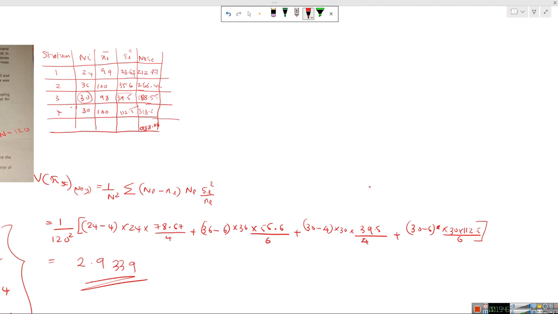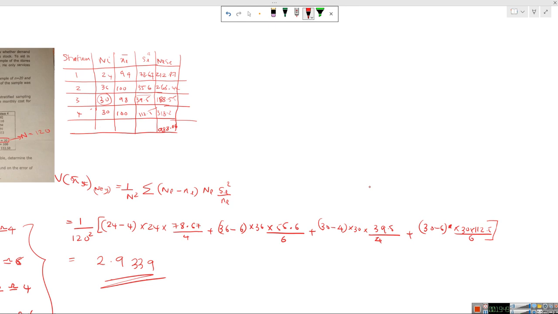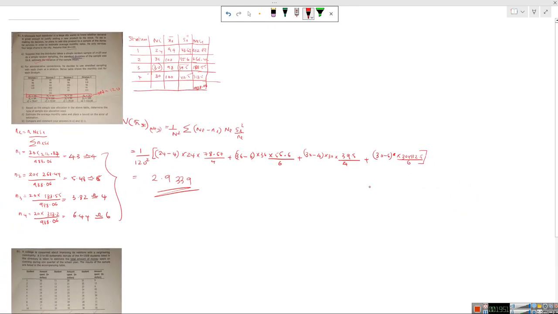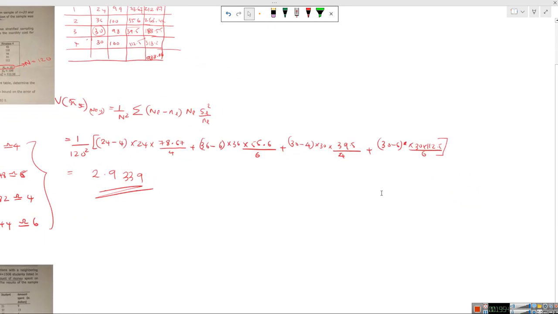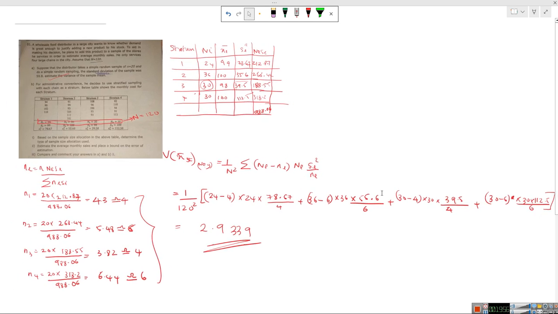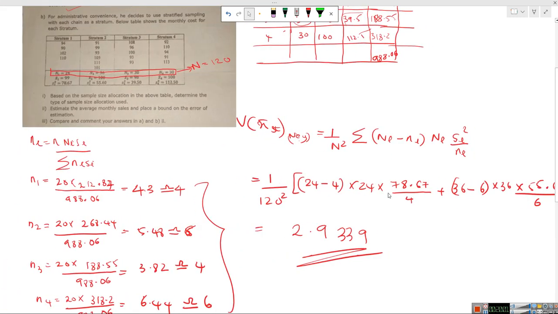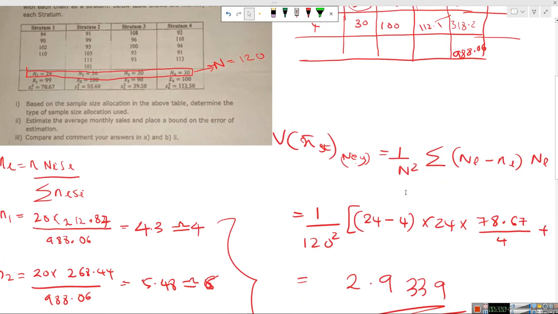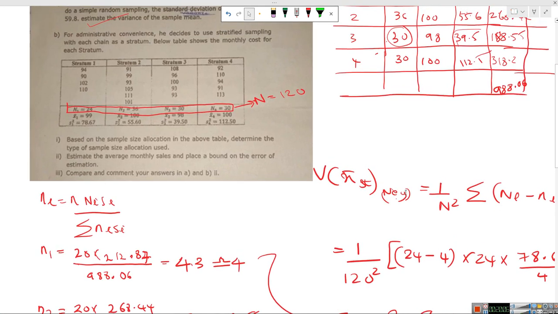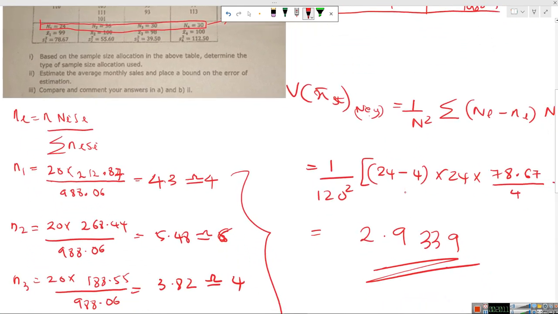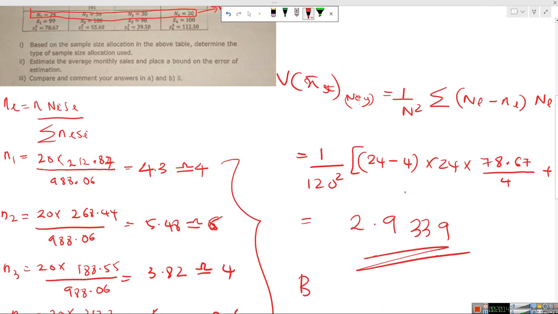Okay, now we will move to the next one. Estimate the average monthly sales and place a bound on the error. So the bound on the error of estimation is equal to 2 into the square root of the variance of x bar st, that is equal to 2 into the square root of 2.9339.